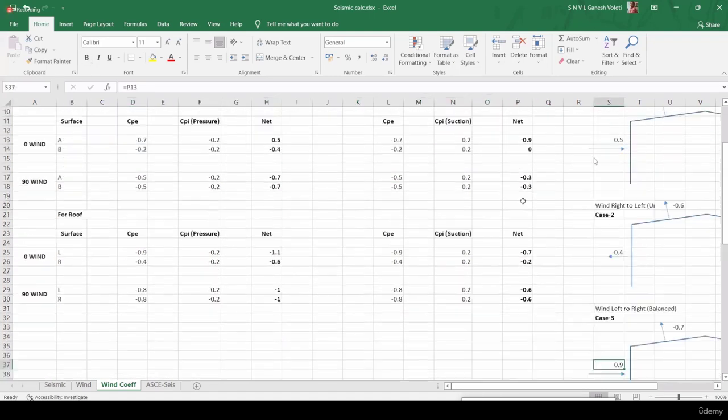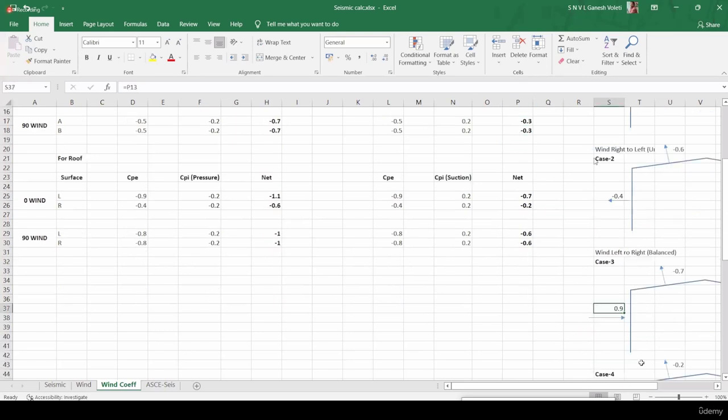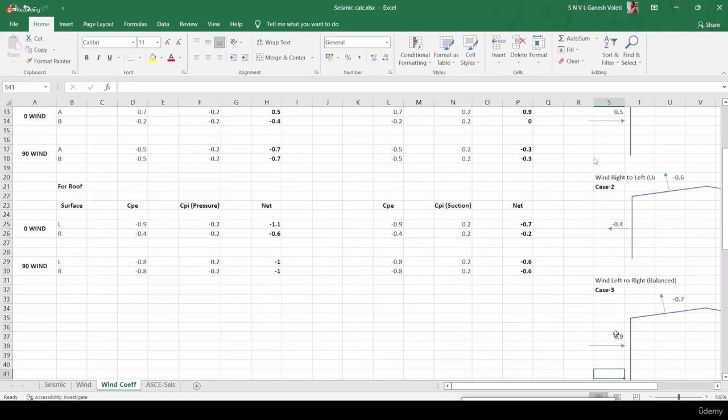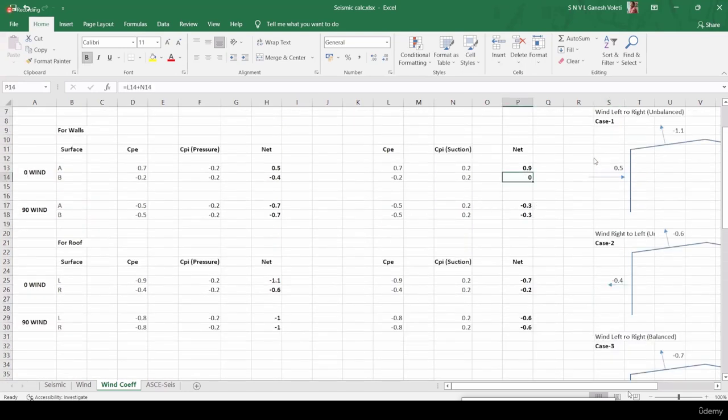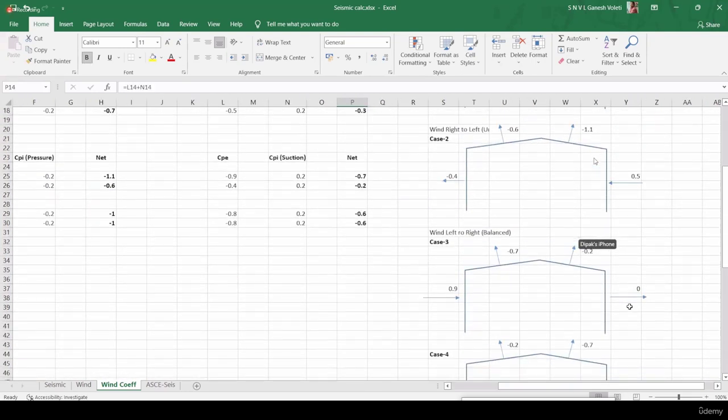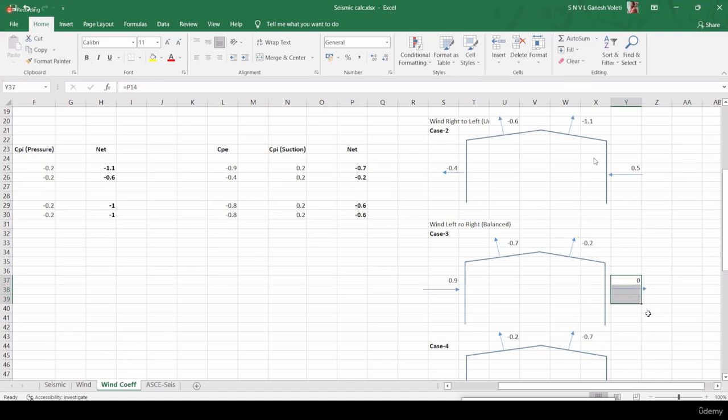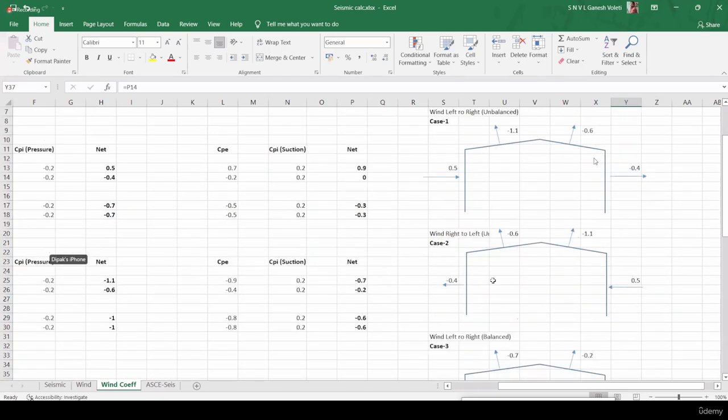So plus 0.9, plus is nothing but towards the surface. That's why I'm showing one arrow towards the column. And this is 0. There will be no pressure at all on the other column. There will not be any direction because it is 0, but I'm showing it just for the case.